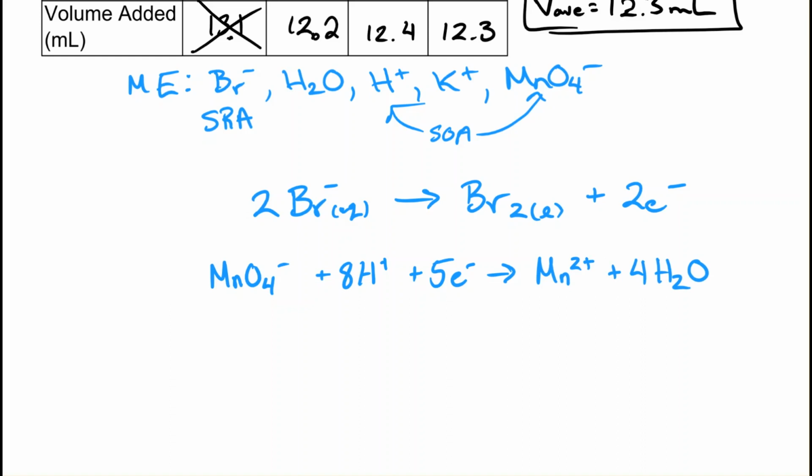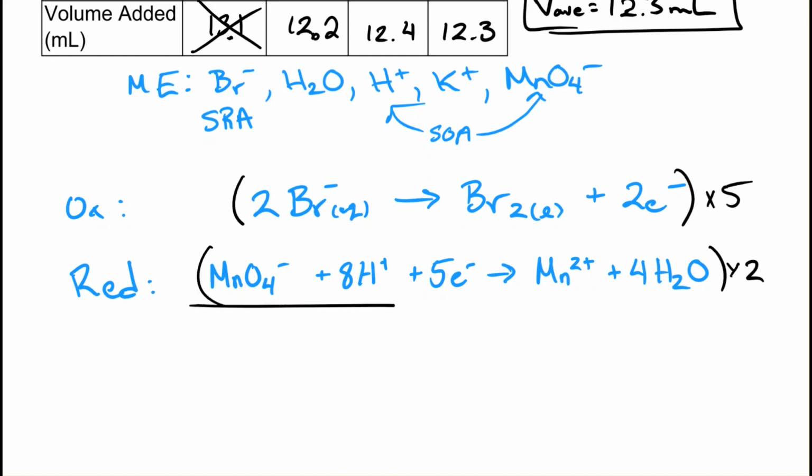Perfect. So we've got our oxidation half reaction and our reduction half reaction. Hopefully it's pretty straightforward. We have to multiply this by 5 and this by 2. So 5 times 2 is 10 electrons, and 2 times 5 is 10 electrons. They will cancel.